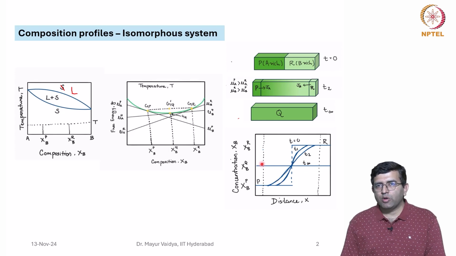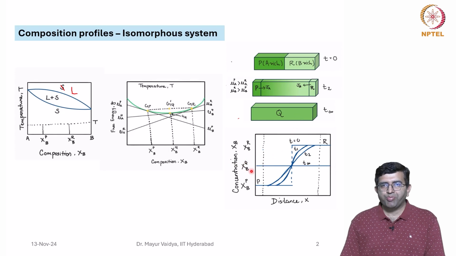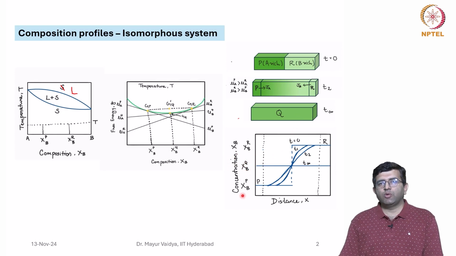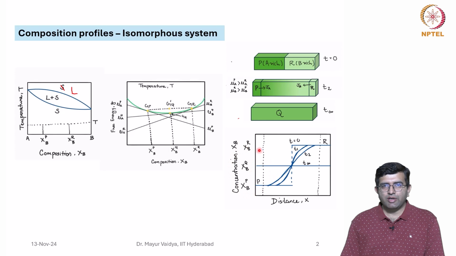And if you allow an infinite time so that the equilibrium is actually attained, then at t equal to infinity, the entire assembly will have one single composition which corresponds to XBQ.